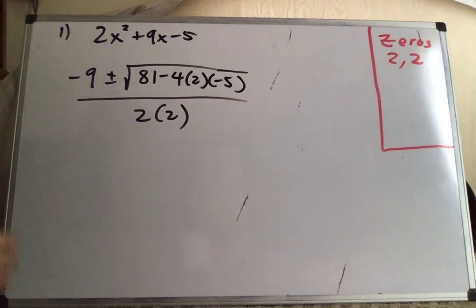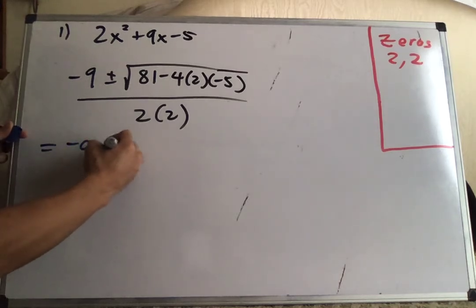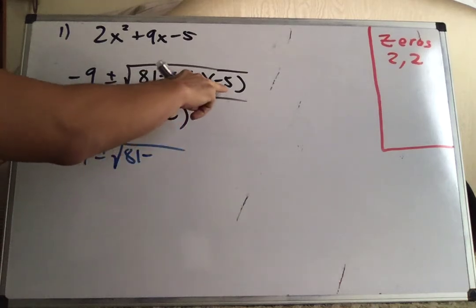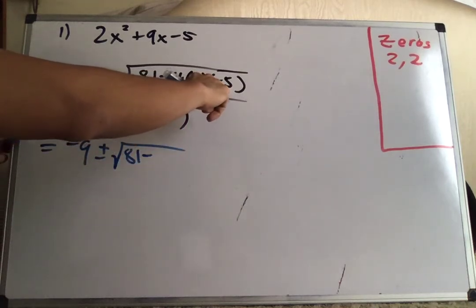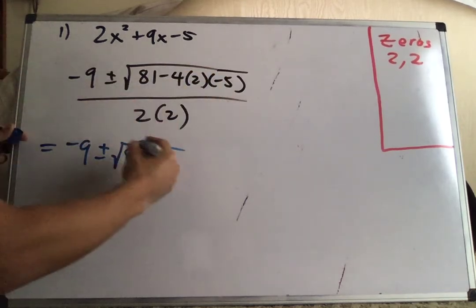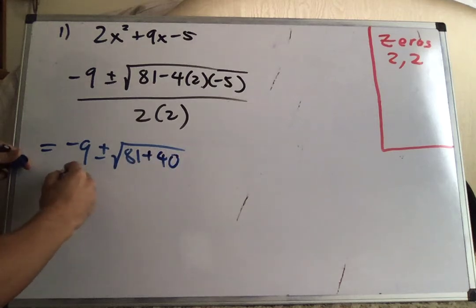And then from here, we're just going to simplify. That's negative 9 plus or minus the square root of 81 minus 4 times, or 2 times 5 is negative 10, times 4 is 40, and it's negative negative, so plus 40. Okay, all over 4.